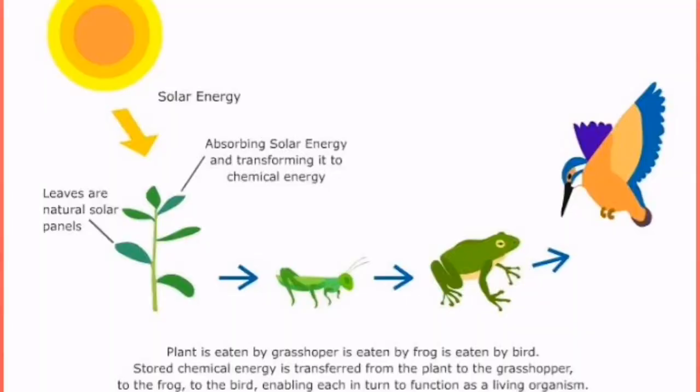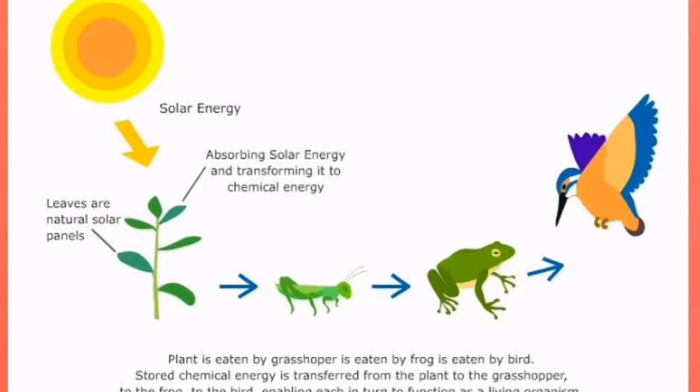So children, if green plants were not there on earth, can life exist on earth? No, isn't it? Why? Because only the green plants can trap solar energy and produce food, and that food is the primary food source for all other living organisms.